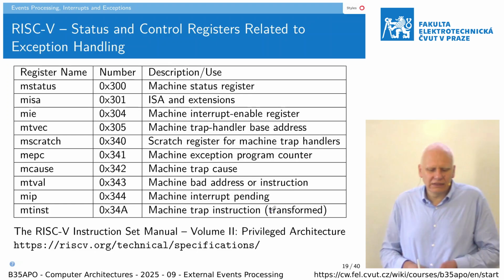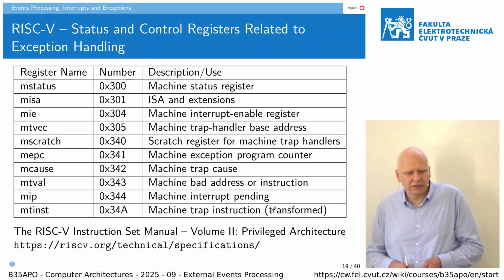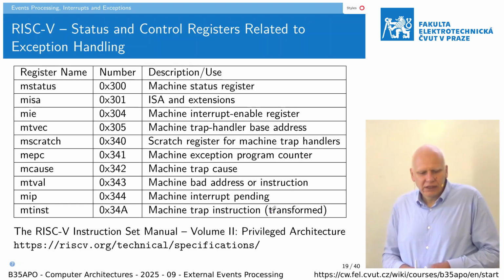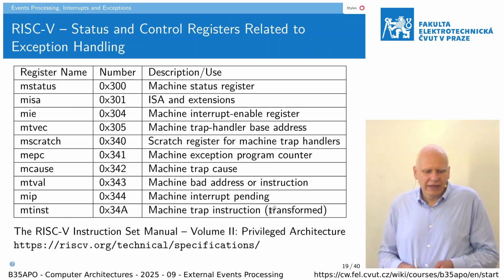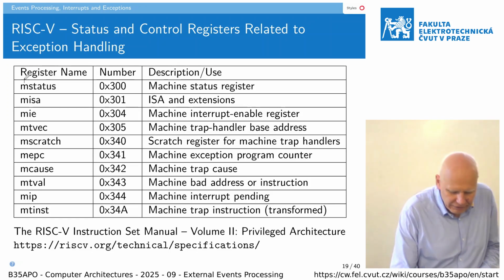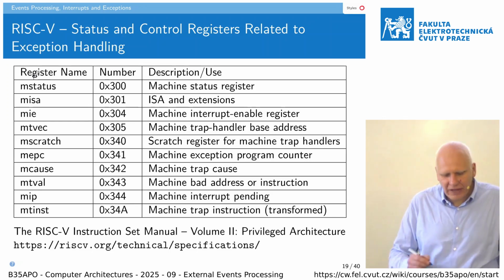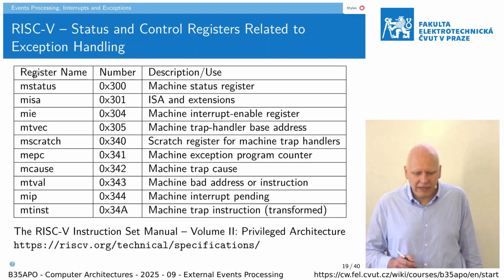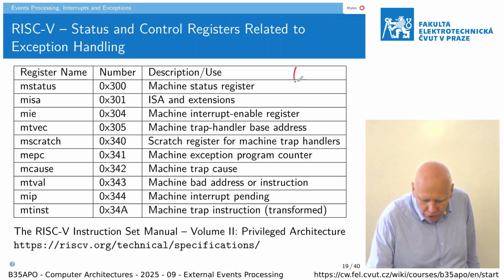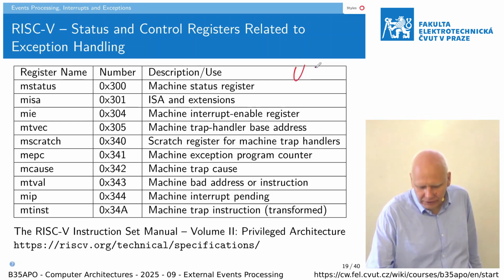Okay, there are some registers with their numbers which are used for exception handling. And on RISC-V, in fact, we have three modes: user mode, U, system mode, and machine mode.